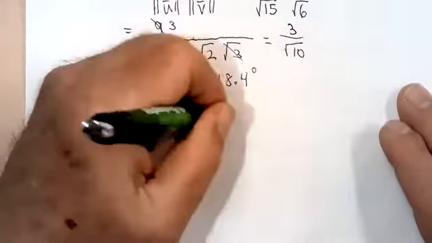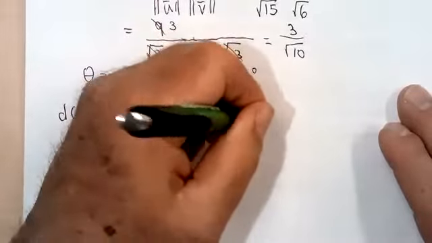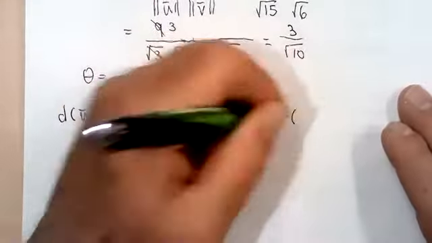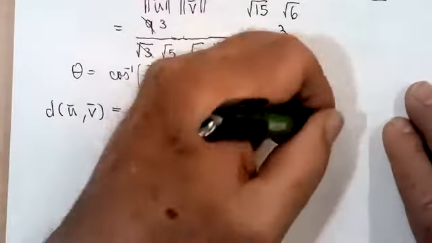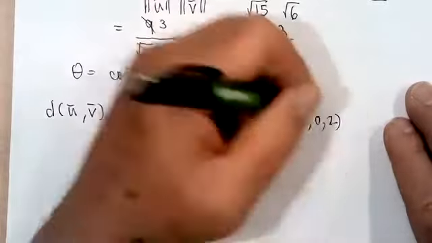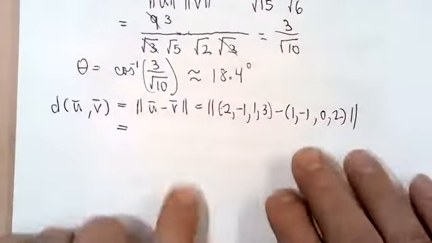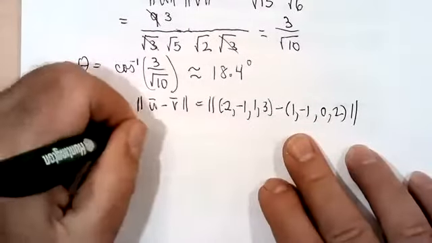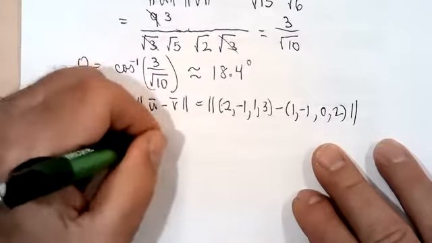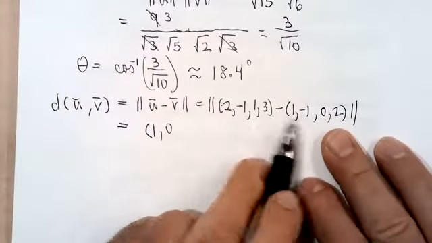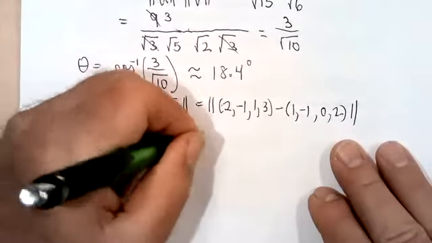So 2, minus 1, 1, 3, 1, minus 1, 0, 2. And let's see, 2 minus 1 is 1. 1 minus itself is 0. 1 minus 0 is 1. And 3 minus 2 is 1.